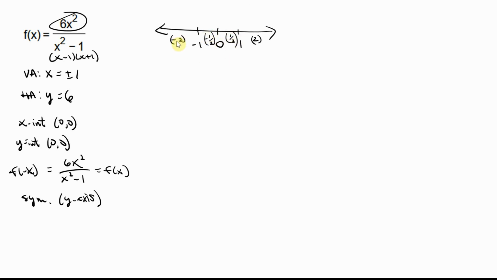If I put -2 here, again, the top is always positive, so I'm just checking the bottom. -2 squared is 4 minus 1, I get +3, plus sign. Put -1/2 in there, and when I square it, I get 1/4 minus 1, negative. Same thing happens with 1/2: 1/2 squared is 1/4 minus 1, a negative value. Check 2. Anything bigger than 1 is going to be positive for the denominator. 2 squared is 4 minus 1, I get +3.